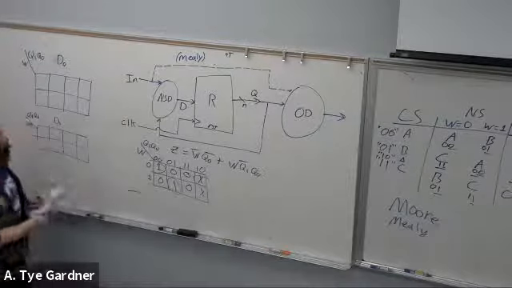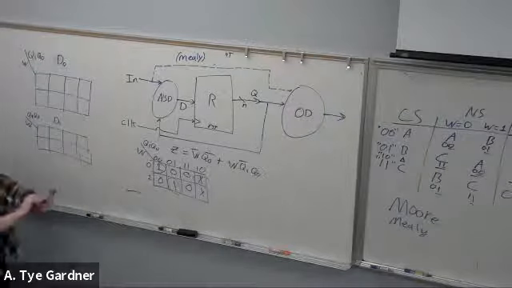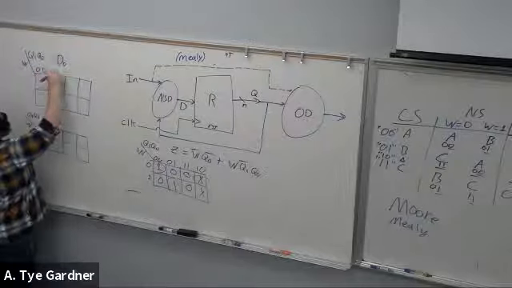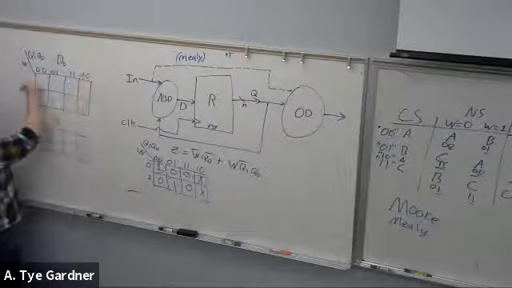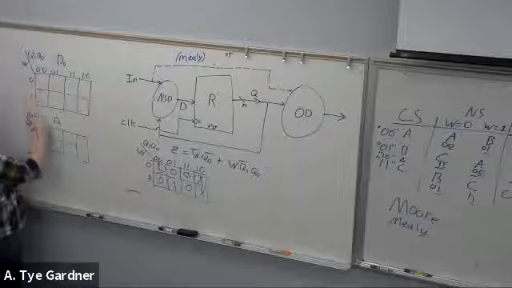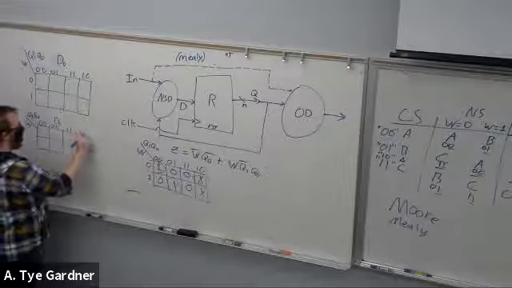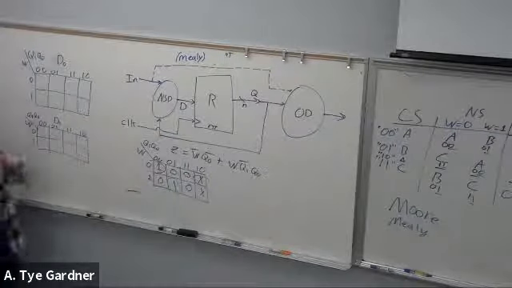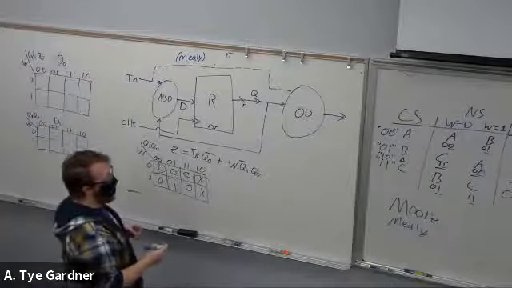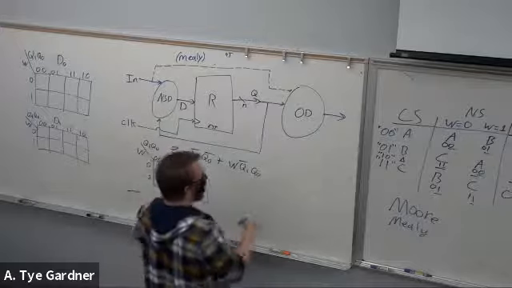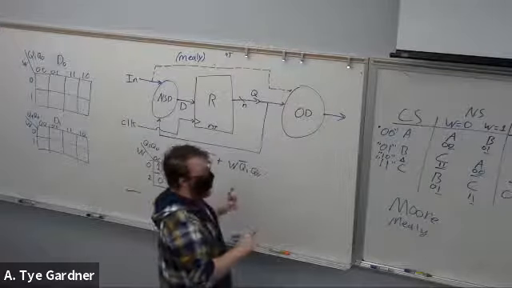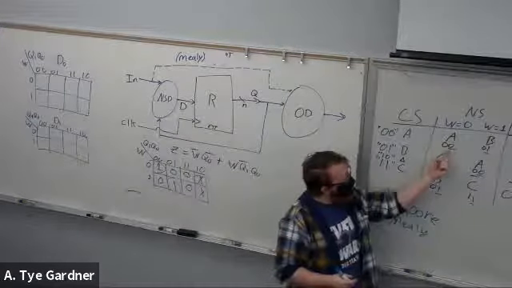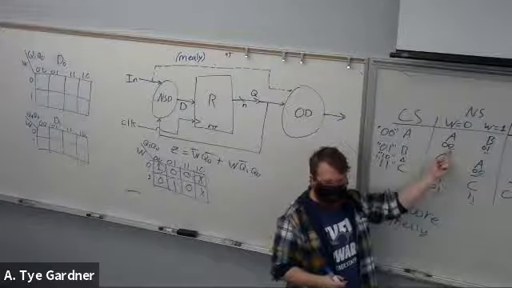Okay, let's worry about D0 and let's start with A. So if my current state is 0, 0, and W is 0, so we're 0, 0, 0, then my next state, first bit, is 0, right?